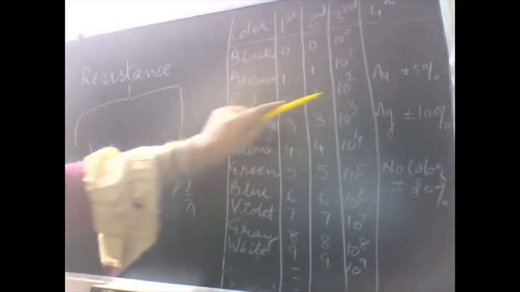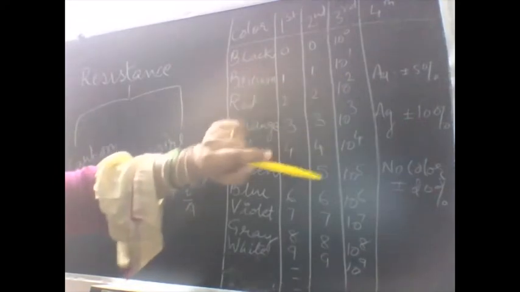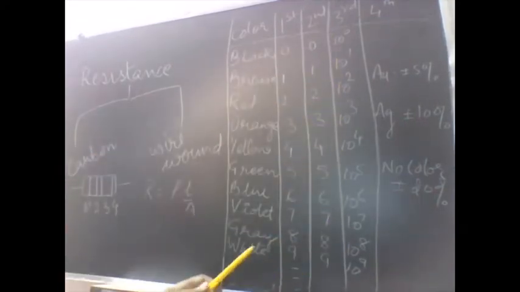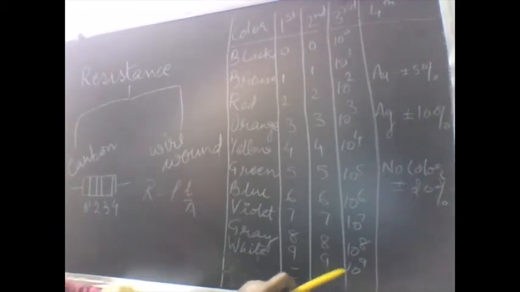For red, 10 to the power 2, and so on. In case the third ring is white, then the multiplier will be 10 raised to the power of this number, so it will be 10 raised to the power 9.